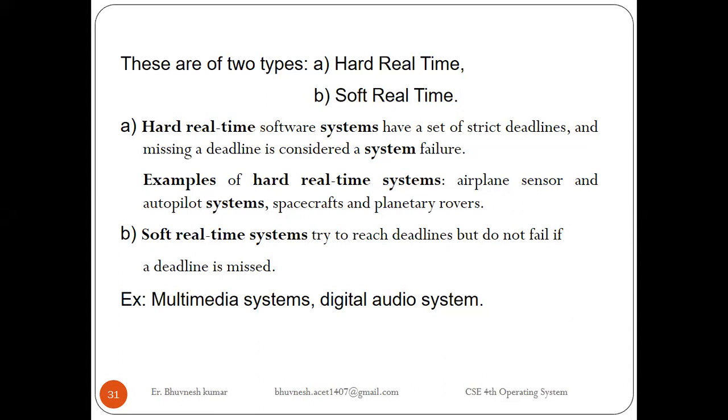Okay, that type of operating system is called soft real-time. Examples are multimedia systems and digital audio systems, which come under soft real-time systems. There is a deadline, but if it is not completed by the deadline, the process is not in a failure state. That means it is a soft condition. In hard real-time, if it is not completed, the system or process is in a failure condition.